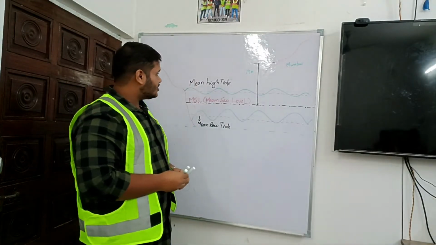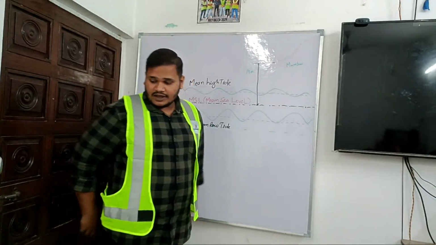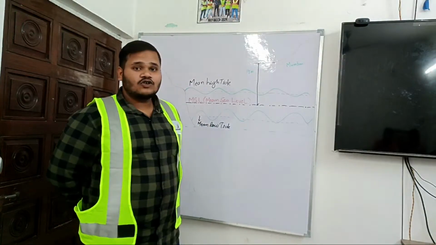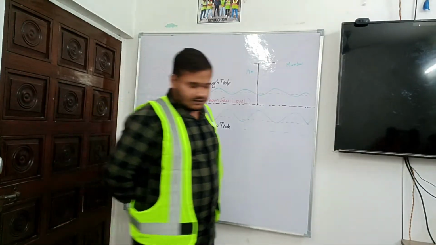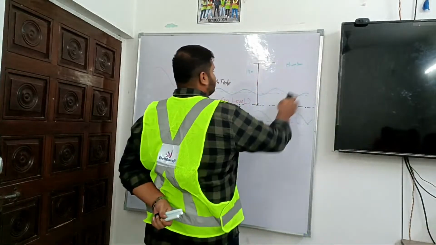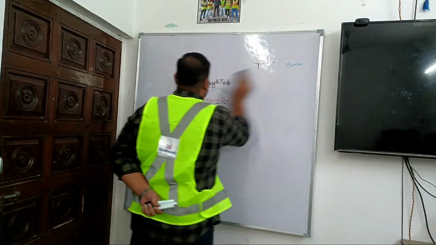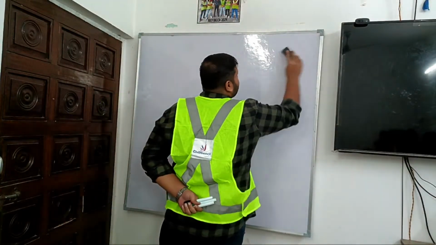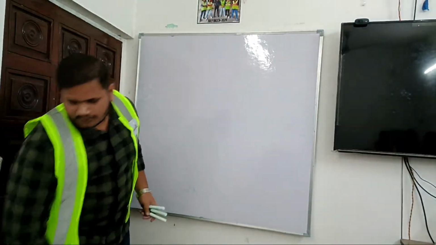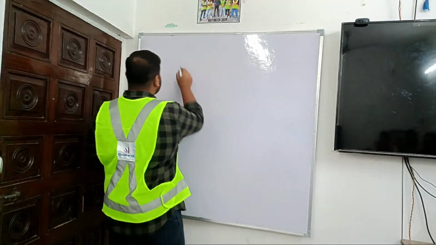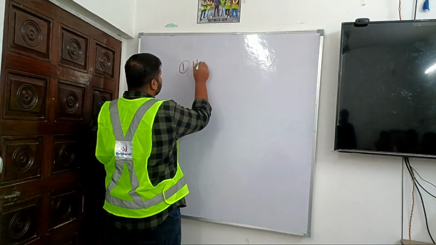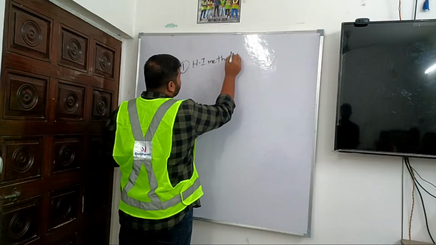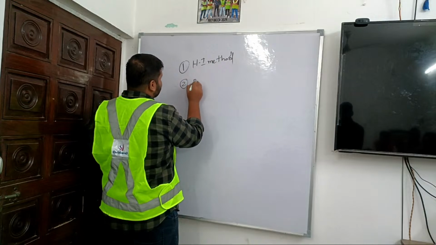Digging next into the surveying part, we have methods of level transferring. In surveying, there are two methods we use: the HI method, which is the height of instrument method, and the rise and fall method.